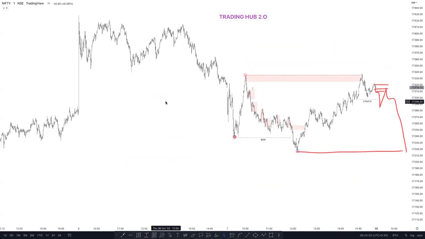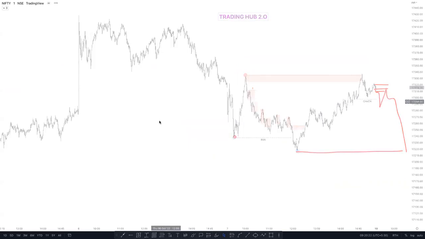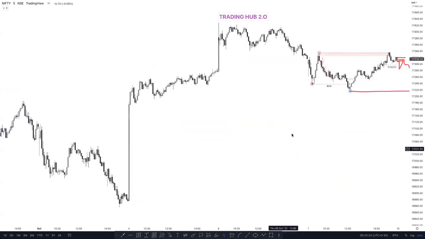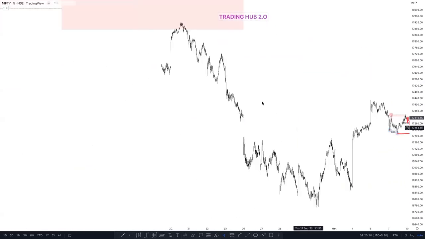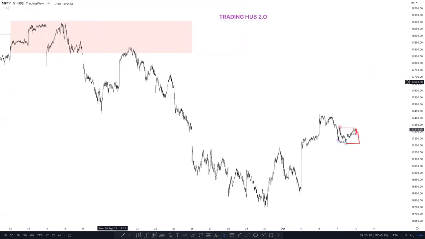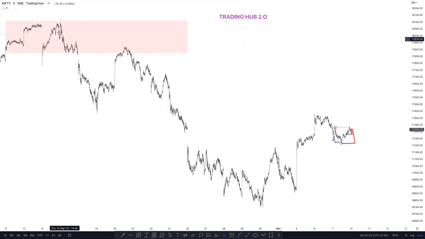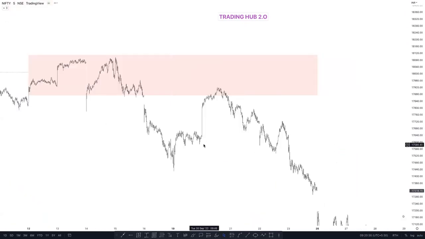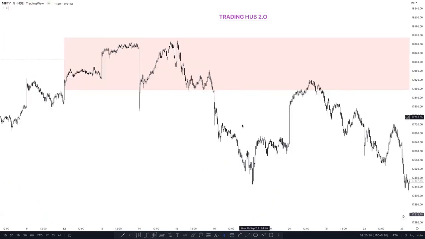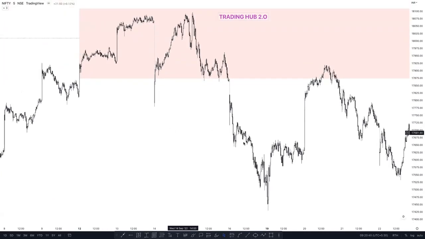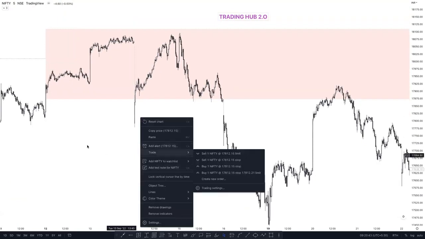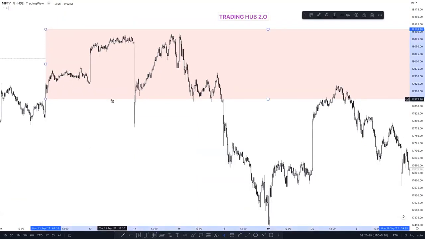So let me explain here with a 5-minute structure. We can see the market pushed down from top to bottom, and bottom to top is rising here. If I mark the structure first, then we can understand it better and more clearly. So let me delete this one first.